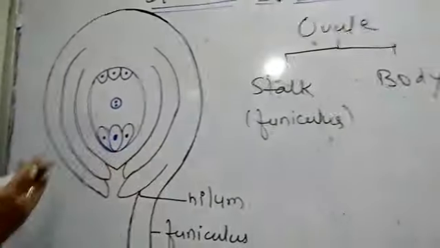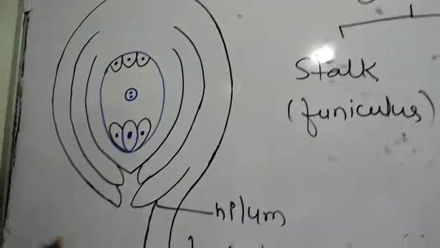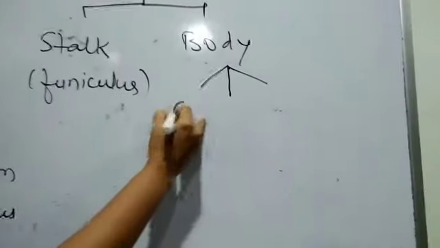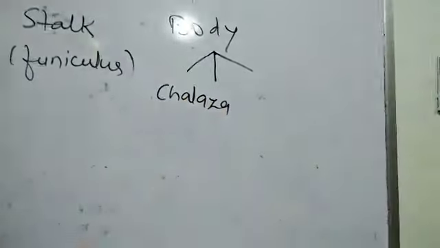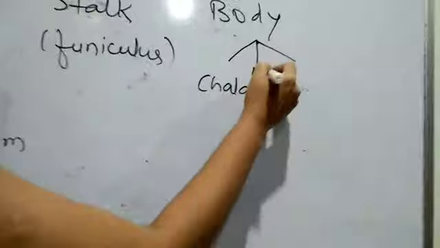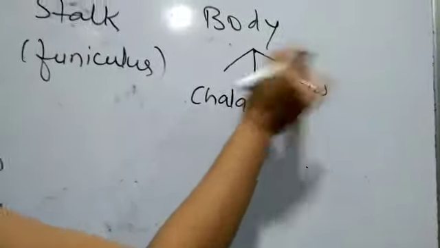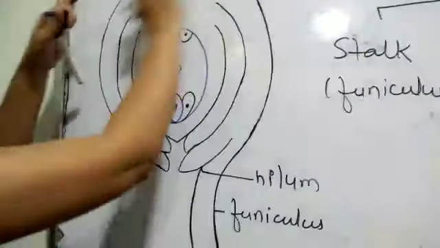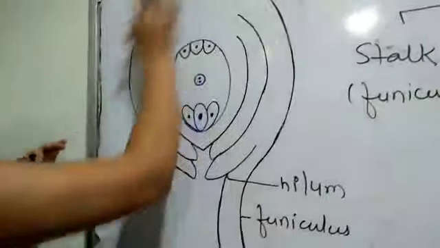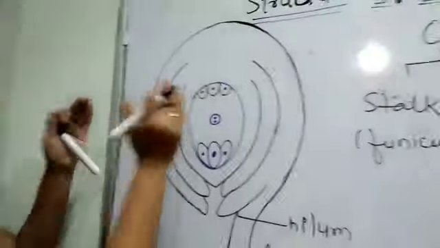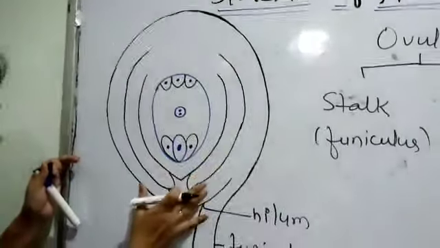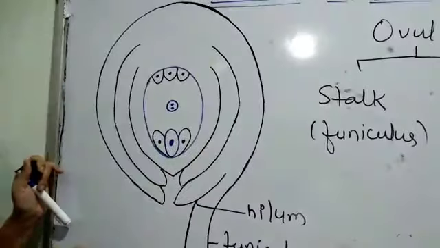Now, let's see about the body. The body of the ovule in turn can be divided into chalaza, nucellus and micropyle. See in the diagram, there is a parenchymatous tissue filled in the ovule. This whole parenchymatous tissue is known as nucellus.